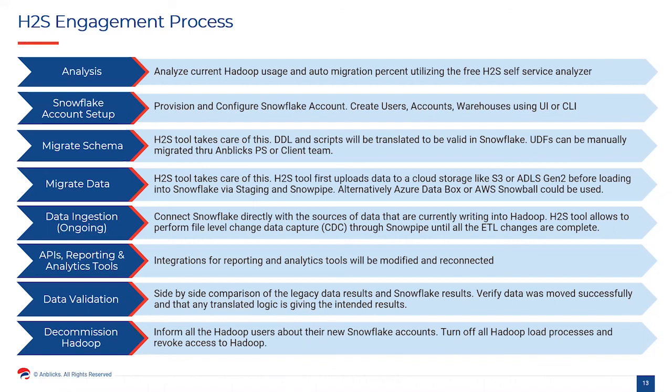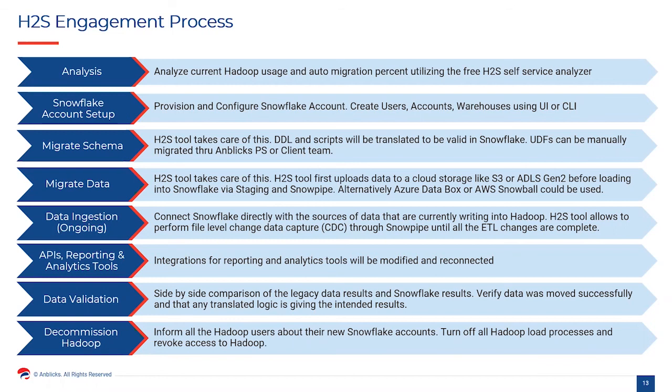The first step is analyze your current Hadoop usage and run the free analyzer kind of thing to analyze how much of it can be auto migrated versus how much of it would need manual migration, right? And then once you analyze it and once you decide on migrating, provision and configure your Snowflake account, leveraging either Snowflake console or the CLI. You can create all the users, accounts, and warehouses.